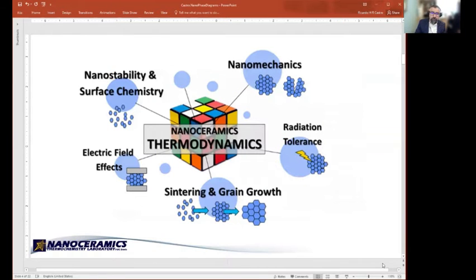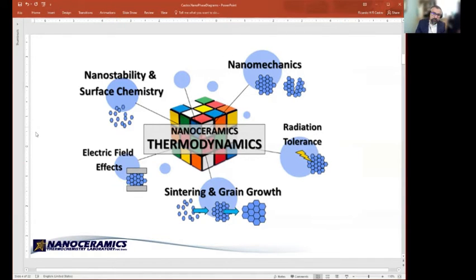So in our lab, we explore all these differences in the nanoscale and try to understand why they are different. We look at nanostability, surface chemistry, nanomechanics, radiation tolerance, sintering and grain growth, and activation field effects on interfaces, trying to make sense of why the nano is so different.